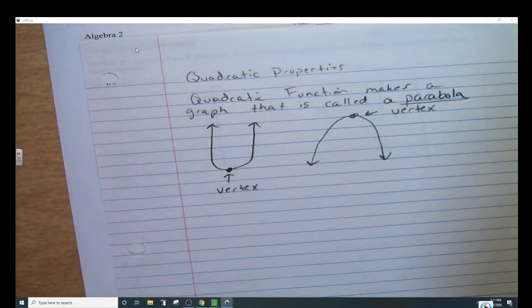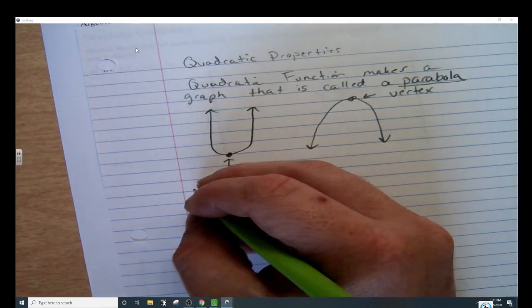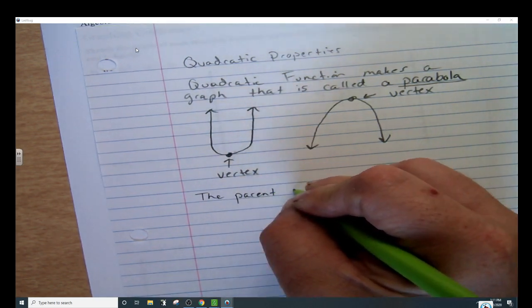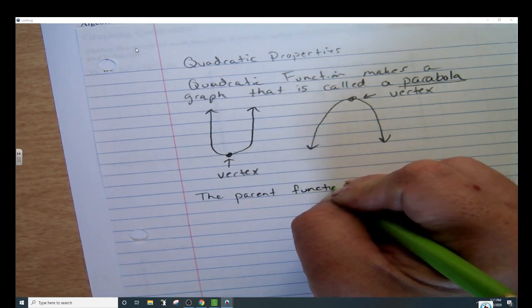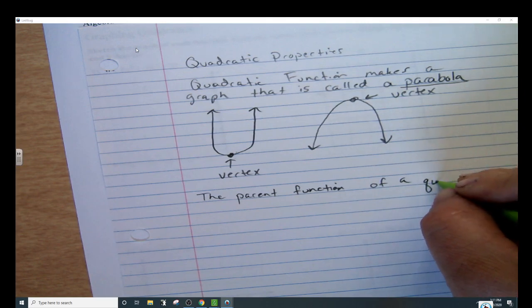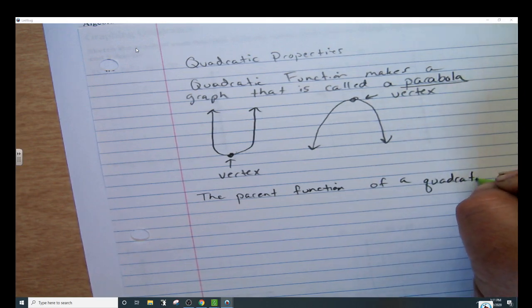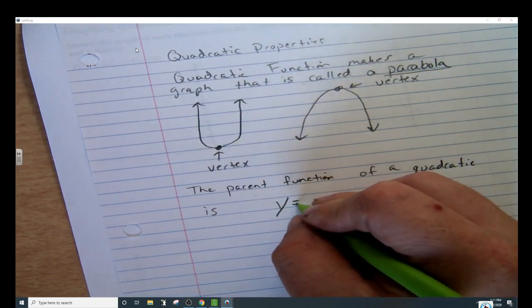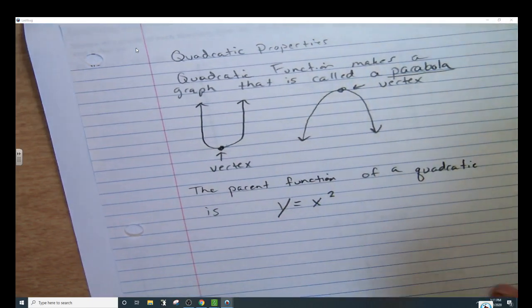Now, the parent function. This is very important for this unit. The parent function of a quadratic is y equals x squared. That's the parent function.